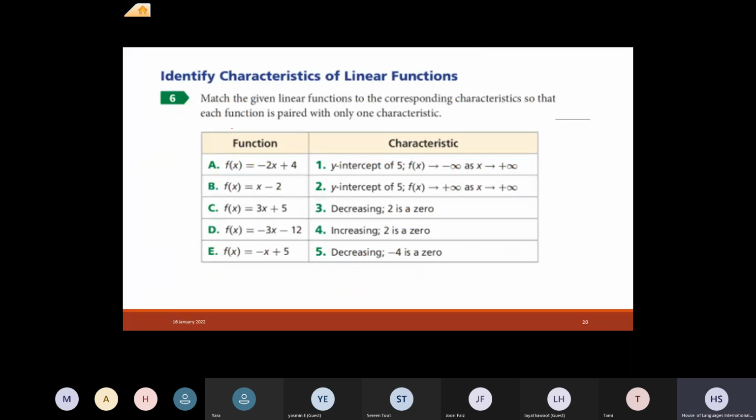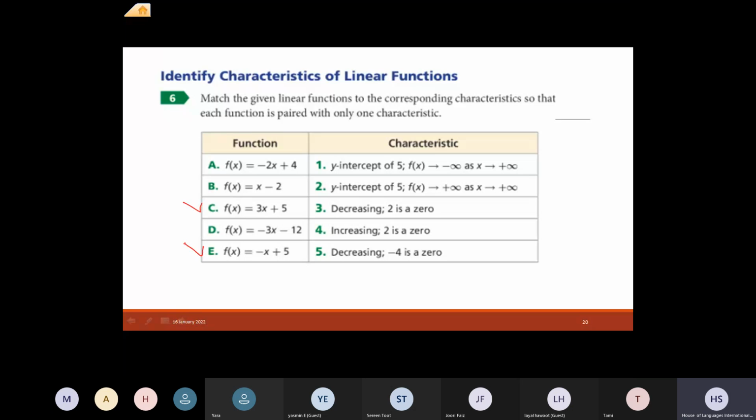So first of all, Maya, y-intercept is 5. What does it mean in the equation? That means b is 5. Good job. So it could be this one and it could be this one.